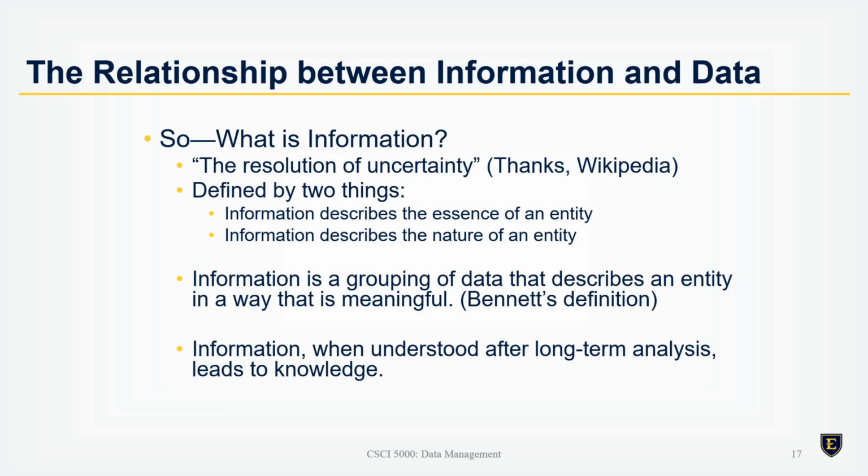So this is what makes that thing up, and it allows us to describe it. So my definition of information is a grouping of data that describes an entity in a way that's meaningful. So information, after we look at it, understand it, and analyze it, leads to knowledge.